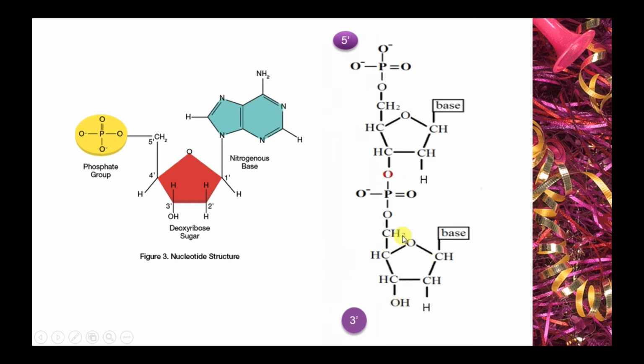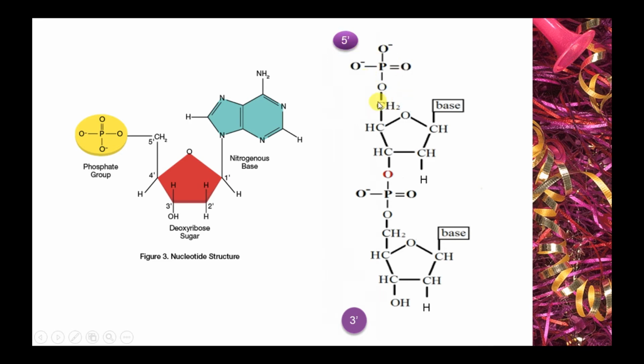This is called the 3' end of the chain because it contains a free hydroxyl, and this free hydroxyl can connect to the phosphate group of another nucleotide so that it will form a chain. Similarly, you can see the phosphate group attached to carbon 5 is free, so it is called the 5' end because the phosphate group attached to carbon 5 is free.